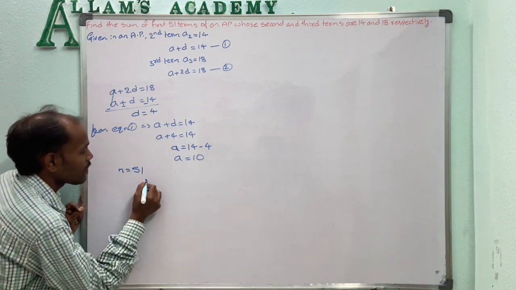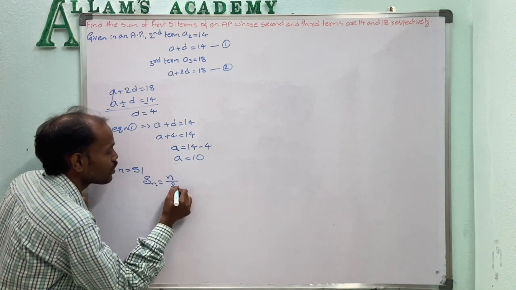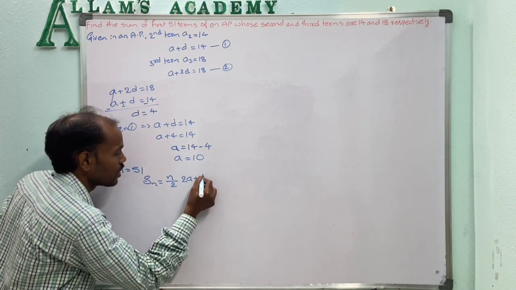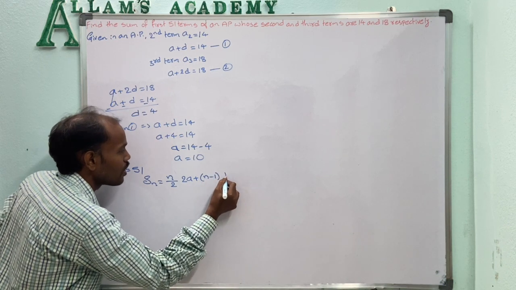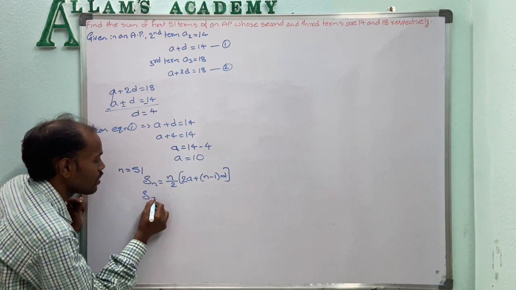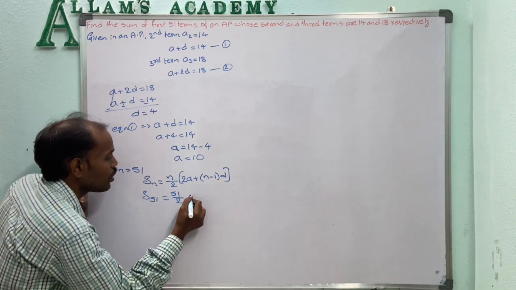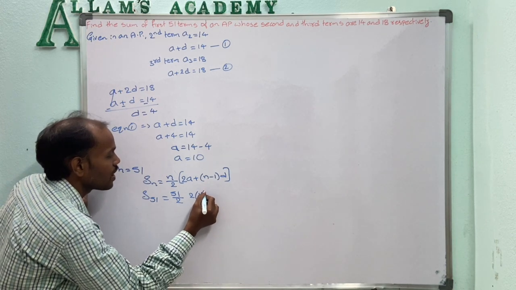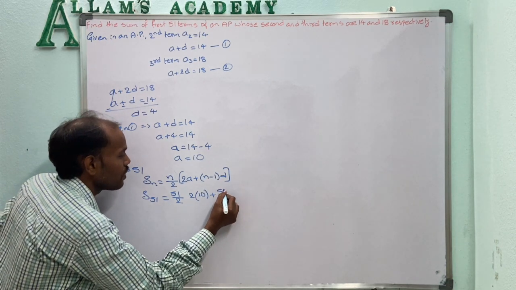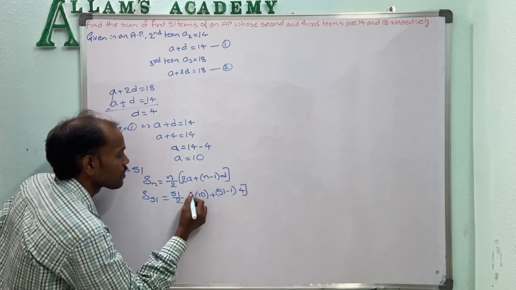So the sum of n terms, Sn, is equal to n by 2 into (2a plus (n minus 1) into d). That is the principle. Here we are asked the sum of the first 51 terms. So S51 is equal to 51 by 2 into (2 times a, where a equals 10, plus (51 minus 1) into d, where d equals 4).